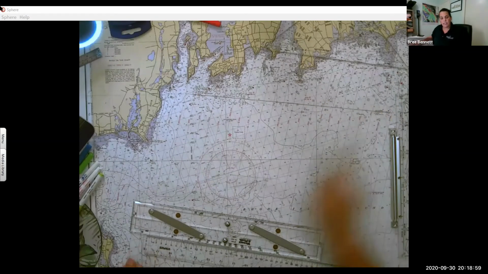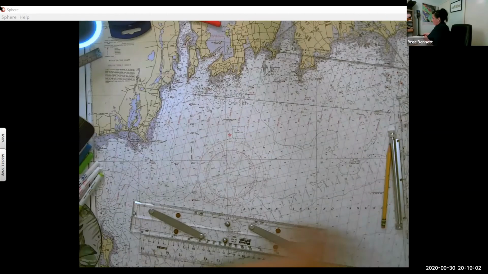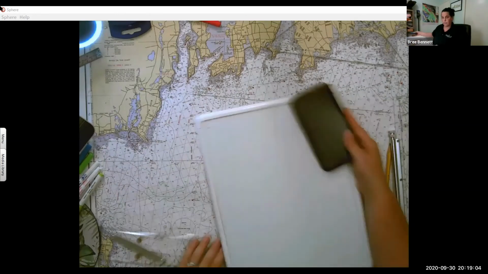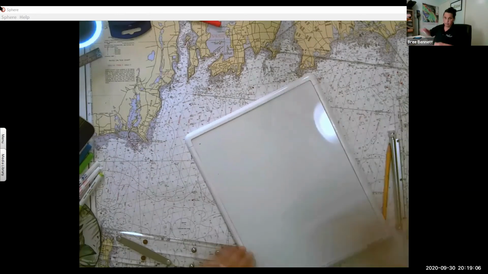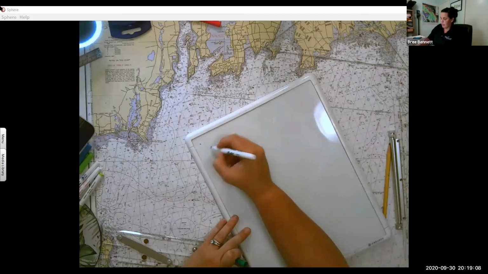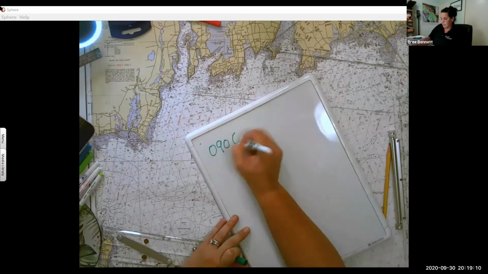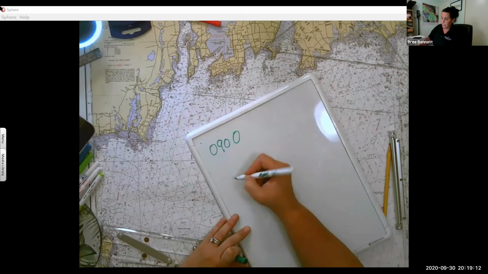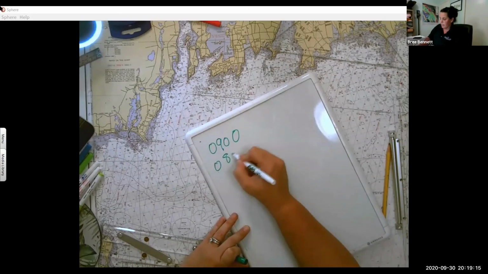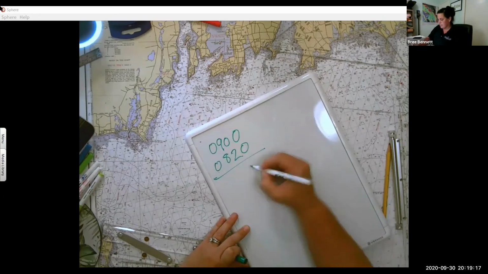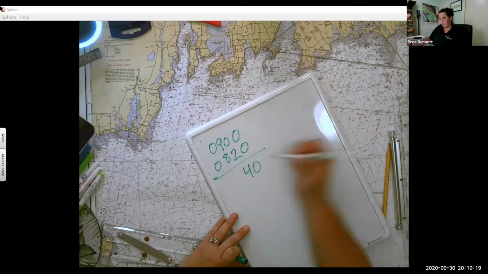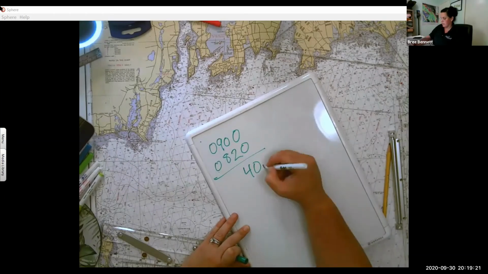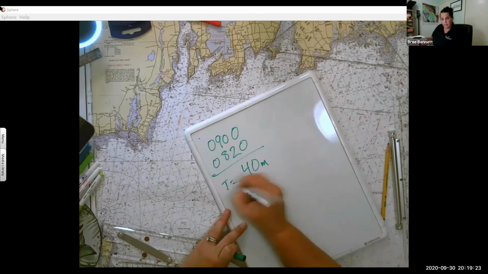I want to plot it on the top of the hour. So if I want to plot one at 9 o'clock and my last known position was at 8:20, that means my time is going to be 40 minutes.